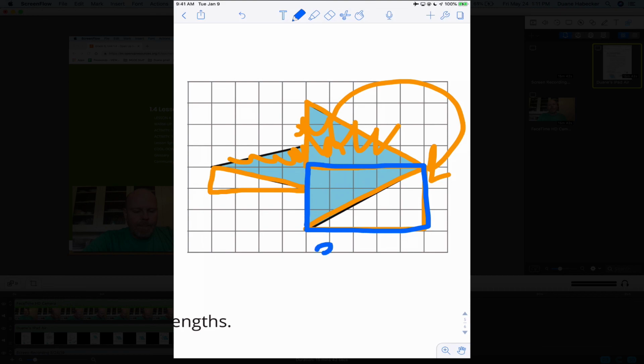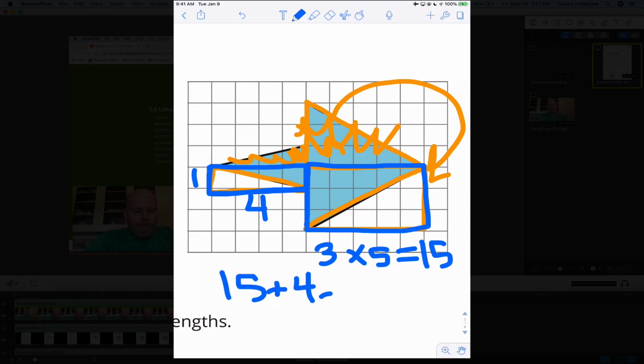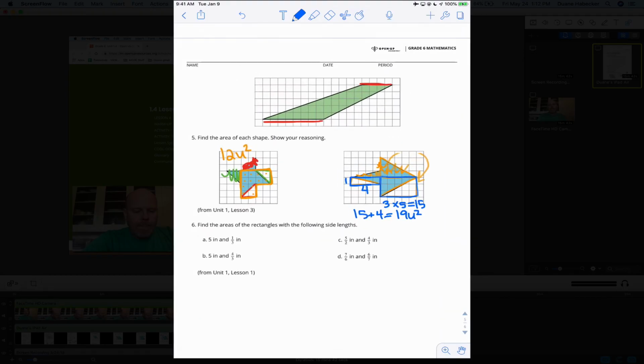It's 3 units by 5 units, so it's got an area of 15. I could see this new rectangle over here has dimensions of 1 unit by 4 units, so it's got an area of 4. So 15 plus 4 gives us our 19 units squared.